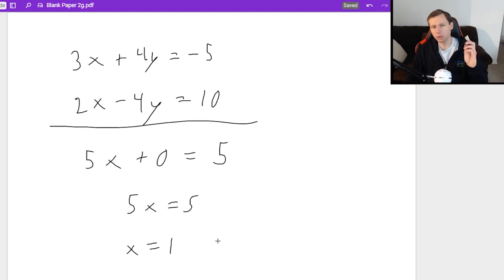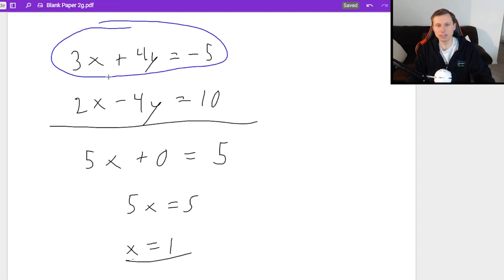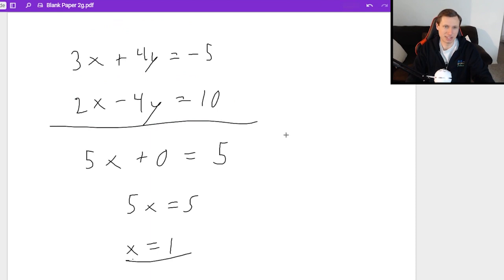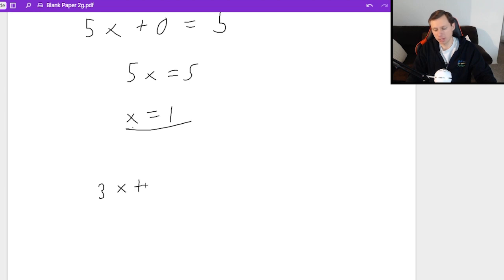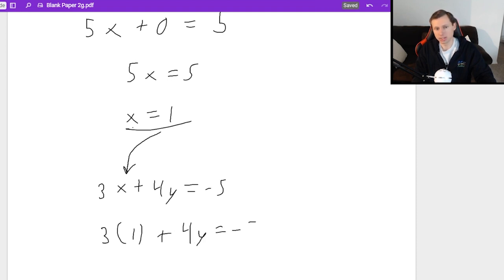Now to find the y value, you need to plug in this answer, x equals 1, into your choice. You can either choose the top function or you can choose the bottom function. It doesn't matter, you will get the same answer either way. I will choose the top function because I think it might be a little easier. So what I'm saying is 3x plus 4y equals negative 5, and I'm plugging x equals 1 right there for that x. So in other words, 3 parenthesis 1, so multiplication, plus 4y equals negative 5.